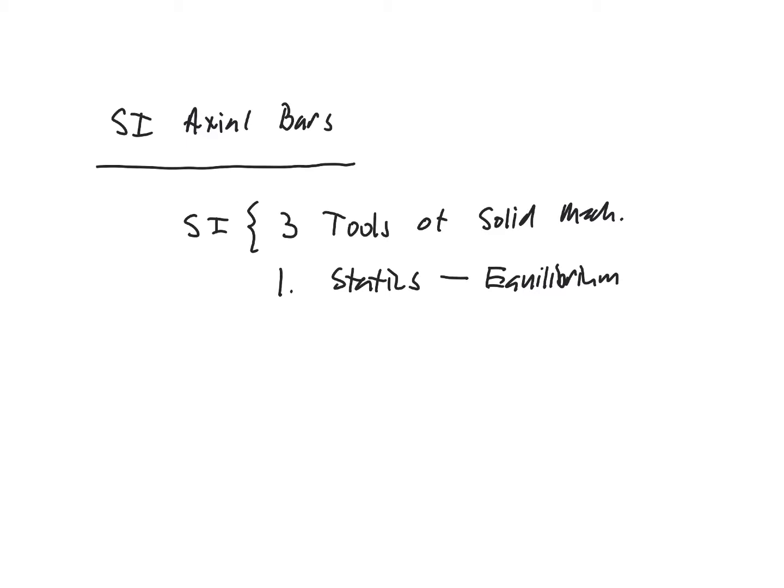The problem is, of course, that that's not going to be enough. The second tool is going to be the constitutive law, or the stress-strain law. So we abbreviate it like that. Another phrasing that we would use is material properties.